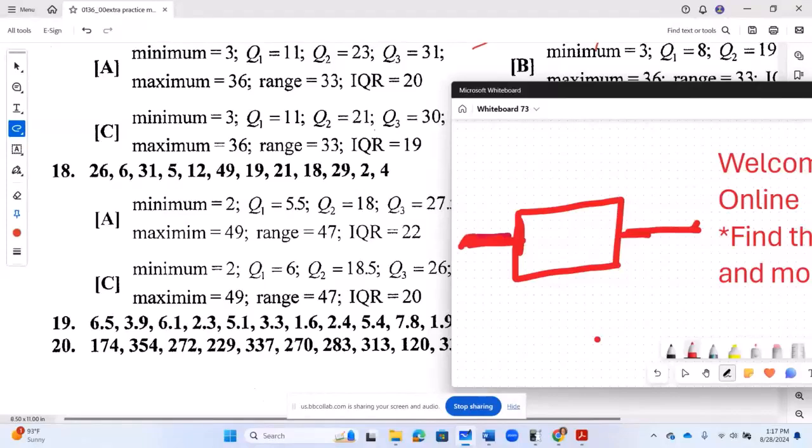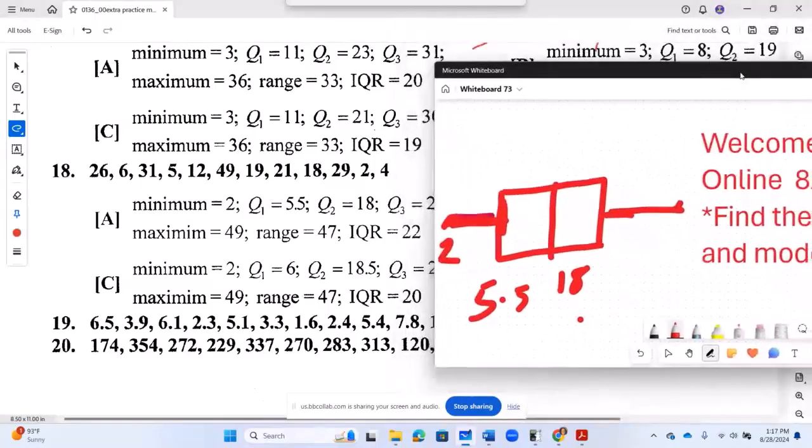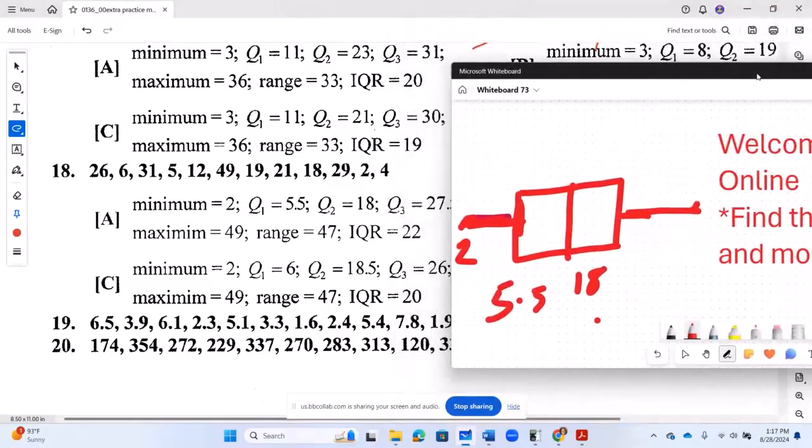The minimum number is 2, so I'm going to put 2 here. The first quartile is 5.5. The median, which is Q2, is 18.5. Q3 is 27.5.